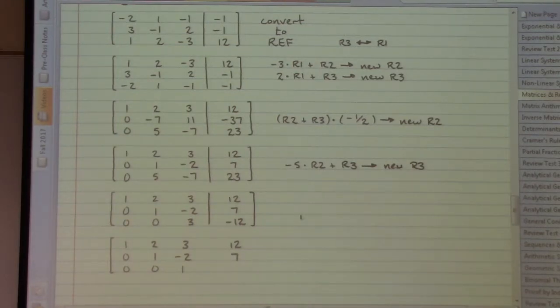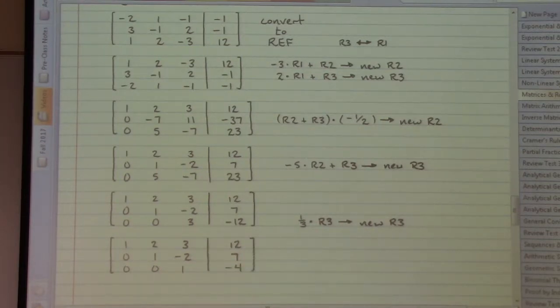Well, I want that third row to start out with a 1. It currently starts with a 3, so if I do row 3 times 1/3 to get a new row 3, then I will have a 1 as my leading one. 1/3 times -12 gives me a -4.